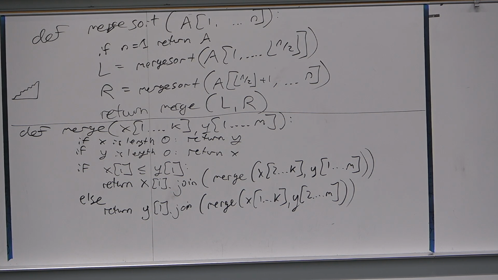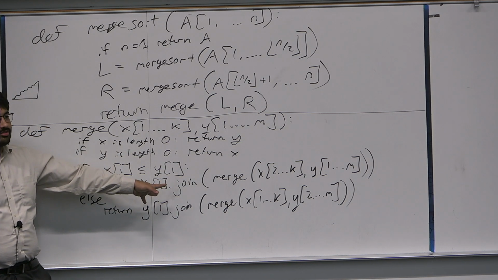So, yes? Would it be n? Why? Because when you have the two arrays, you're putting them into order. Yeah, you pick an element. How many recursive calls are there, first of all?